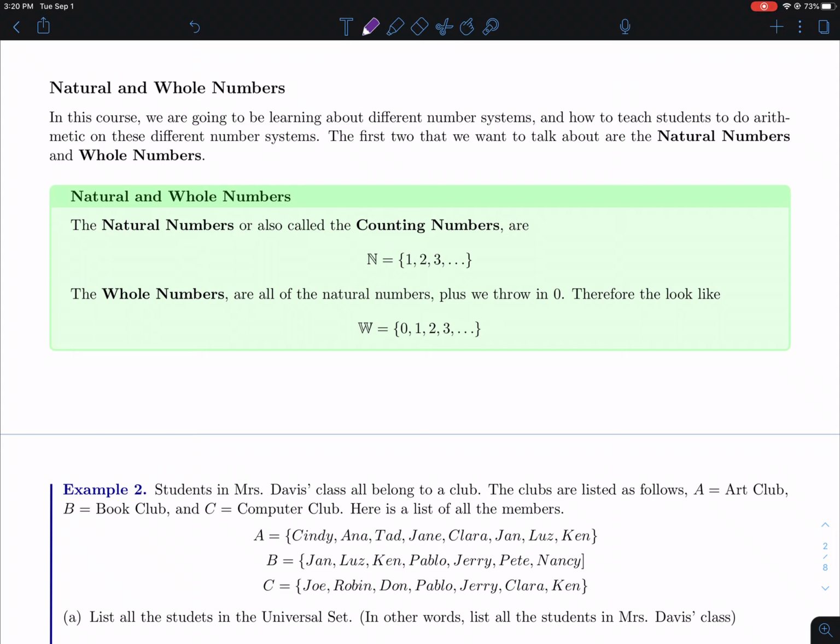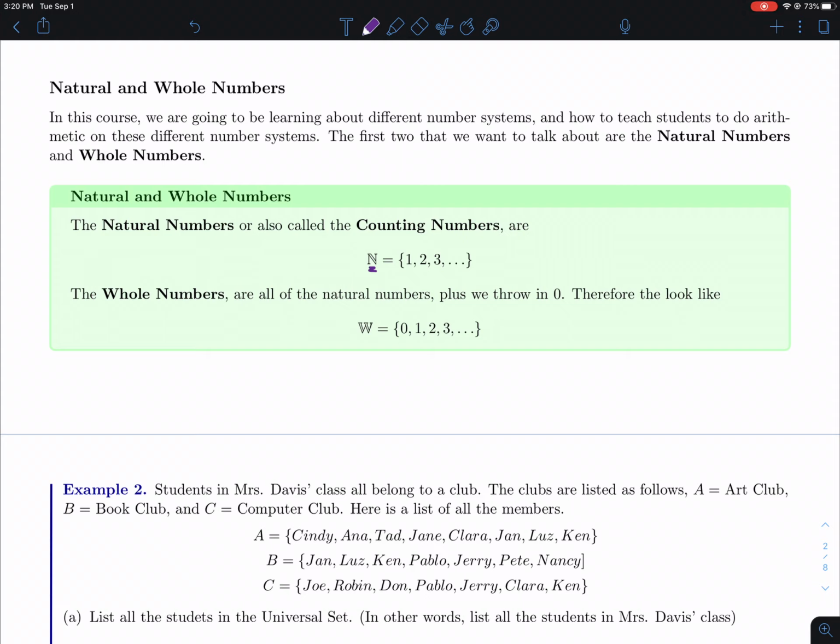And a lot of the reason we're doing the set theory stuff is because we're going to introduce set theory as a way to actually add whole numbers. So natural numbers are also called counting numbers sometimes, and they're denoted by this fancy N. It starts with 1 and goes 1, 2, 3, 4, 5, the whole way up.